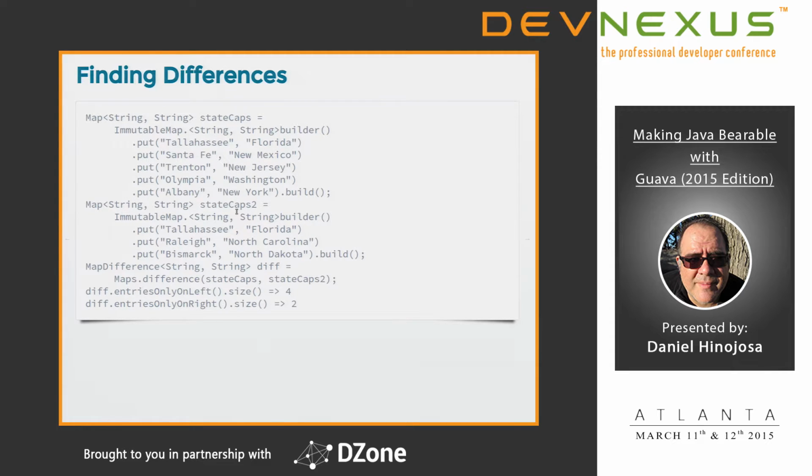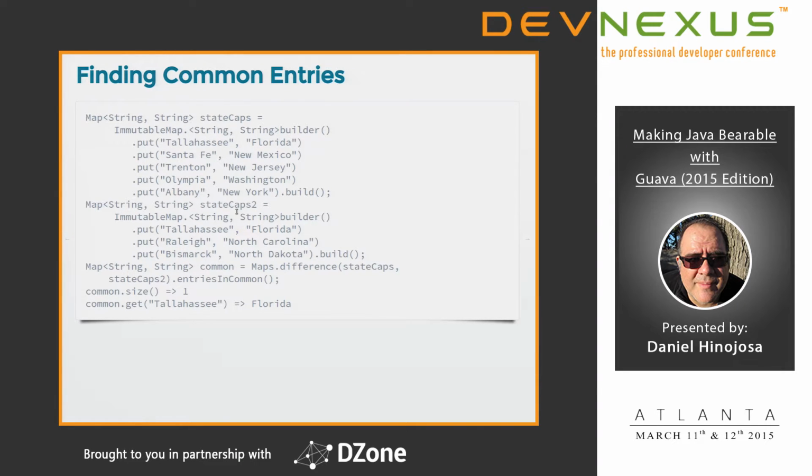What I'm going to get in return is a map difference object out of this, and now I could ask things like, which entries are only on the left that are unique? And that'll be 4. The only one that's shared here is Tallahassee. And how many are unique on the entries on the right? Obviously Raleigh and Bismarck. I could also ask from this object which entries are in common. Well, there's only one that's in common, and that's going to be Tallahassee.